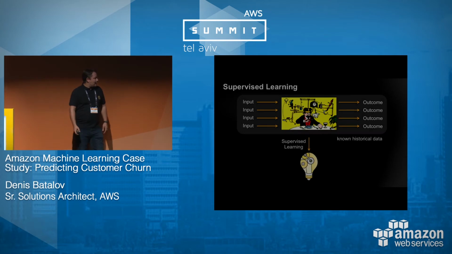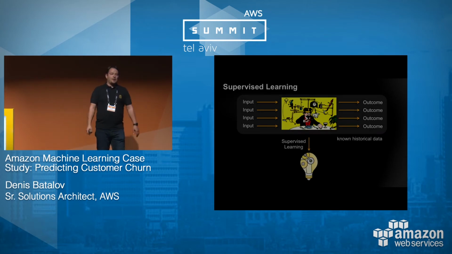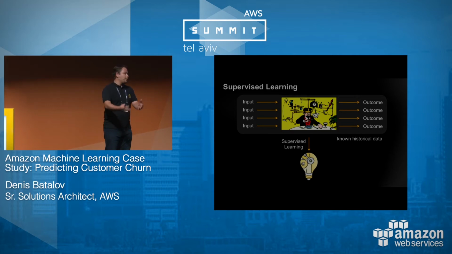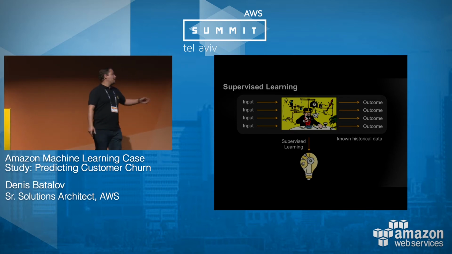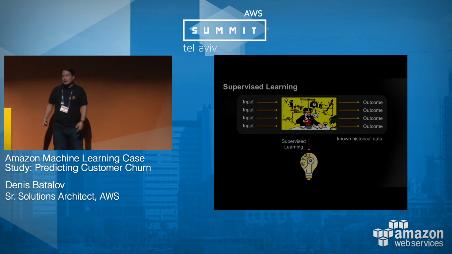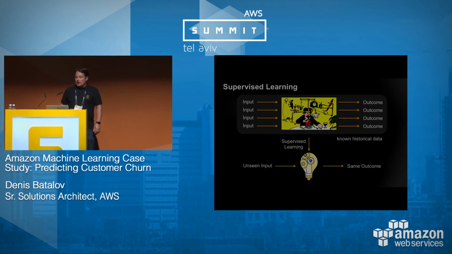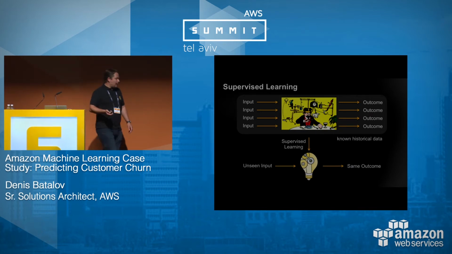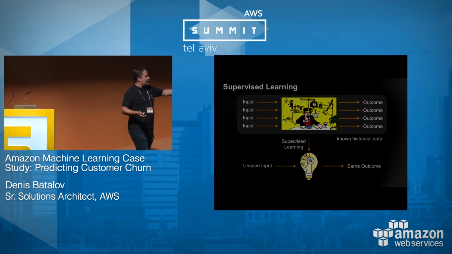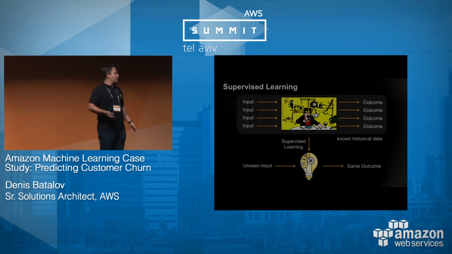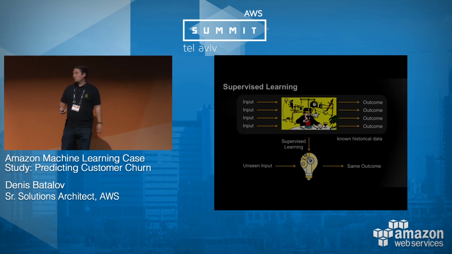We pass that history of observations into the machine learning service, in this case, the Amazon machine learning service, to build a model out of this historic data of how the system behaves. Hopefully this model can then work on a new unseen input and reproduce an output or outcome that is similar to what a real system would have done.